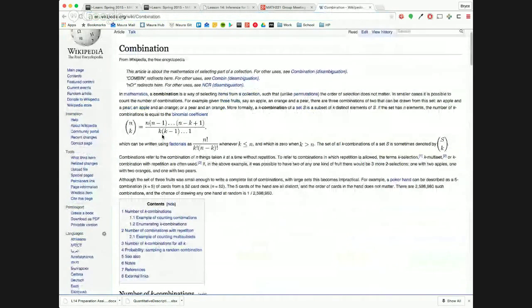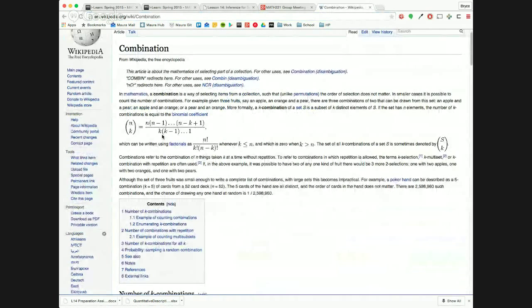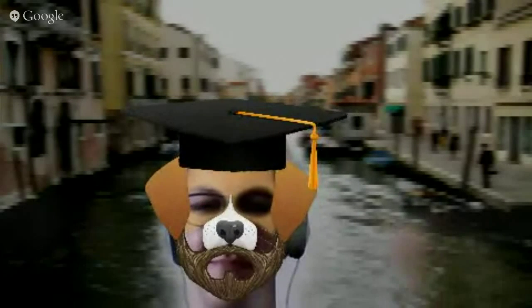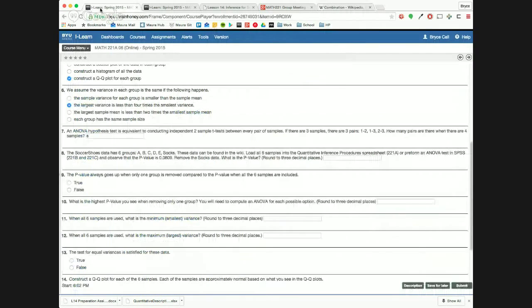All right, so it's n factorial over k factorial times n minus k factorial. I believe k is the number of selections that we're making, and n is the group that we're making them from.